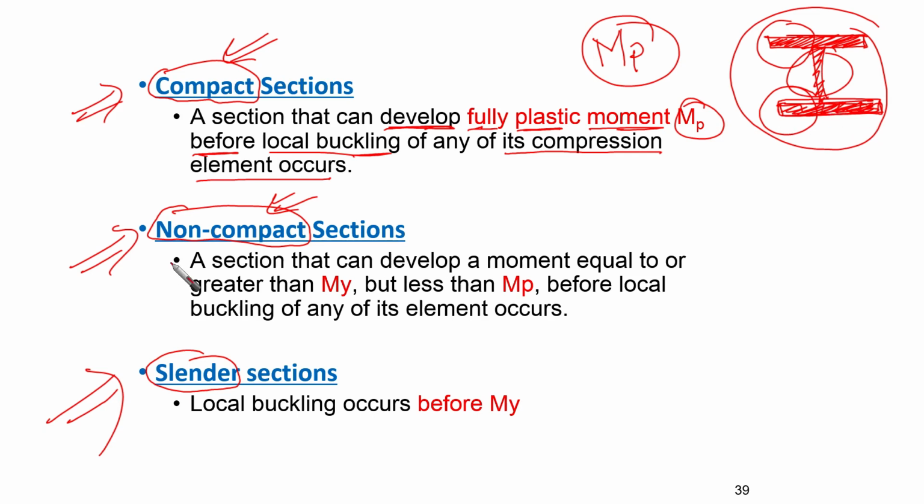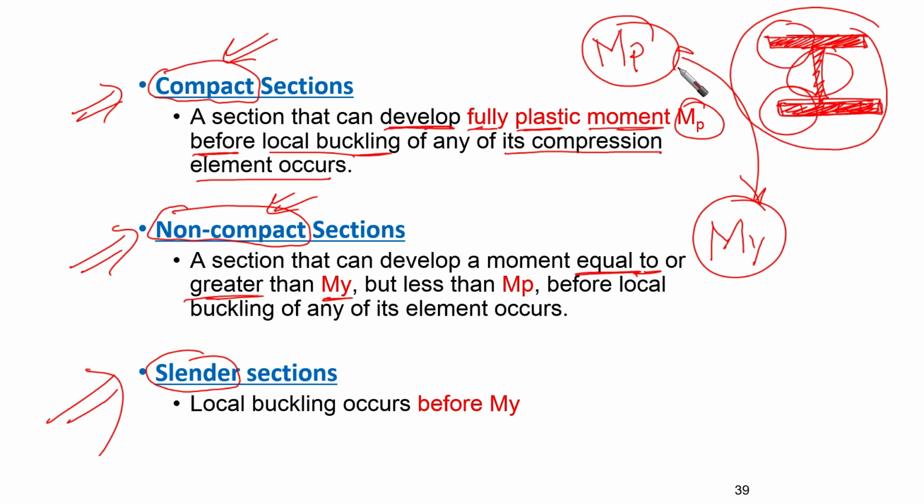However, for the non-compact section, I am going to expect that the section can develop a moment equal to or greater than M yield. So here, M yield is going to be developed. You're going to ask me what is the difference between MP and M yield.